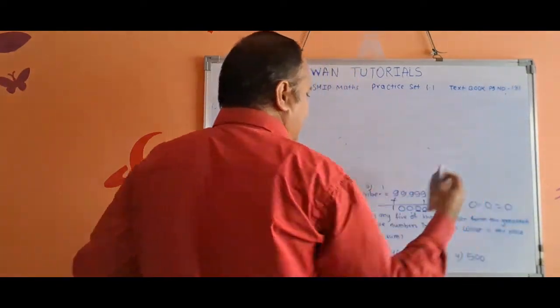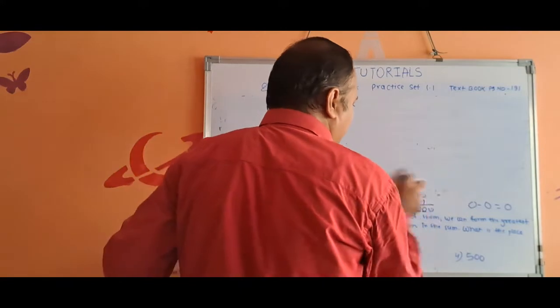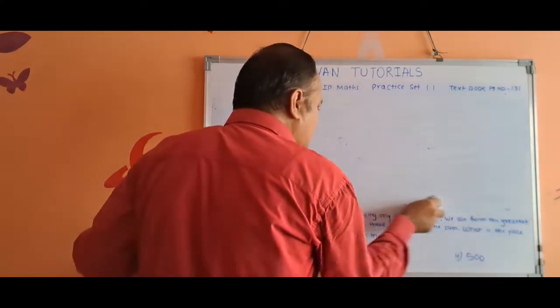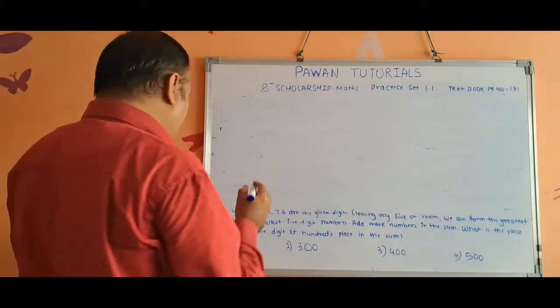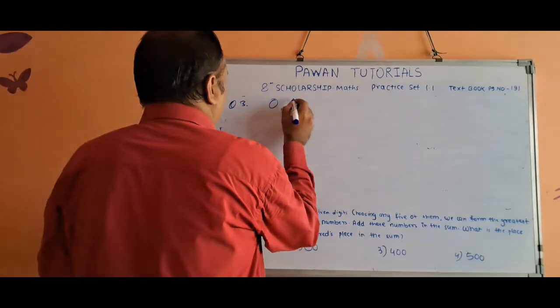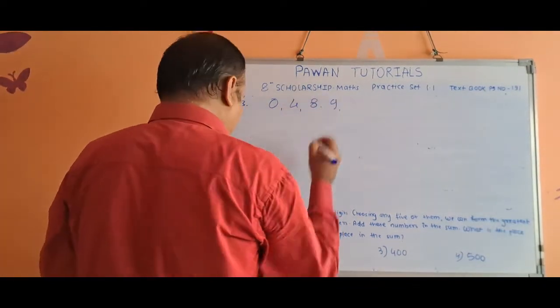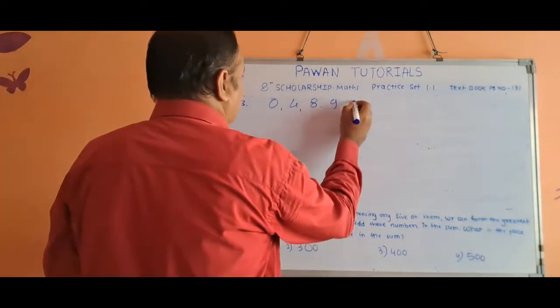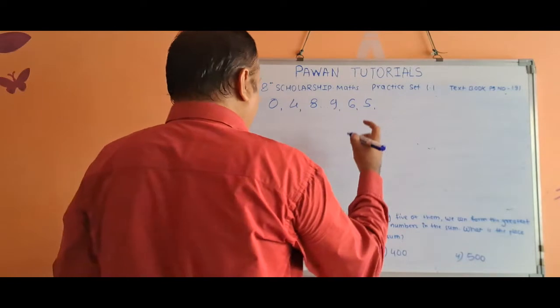In order to form the greatest number, we have to follow the descending order of numbers. Yes or no, students? Very good. Now let me write the digits again over here. Question number 3. The digits are 0, 4, 8, 9, 6, 5, 7, 3.